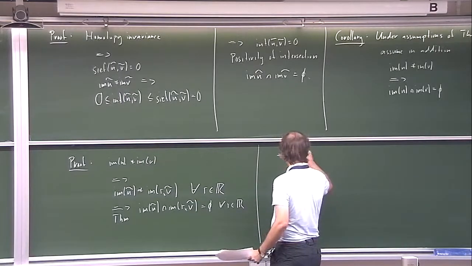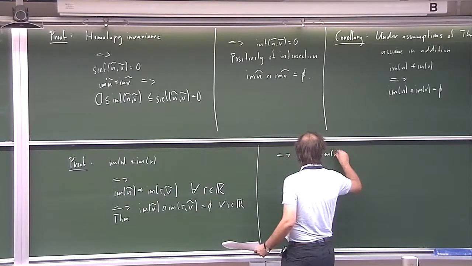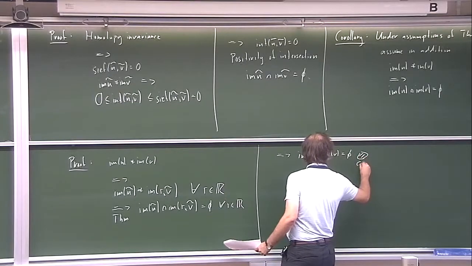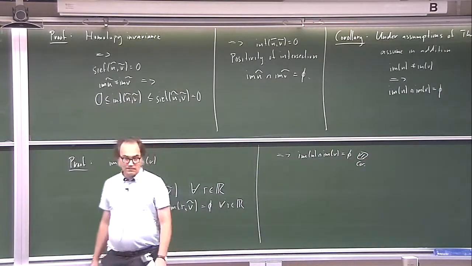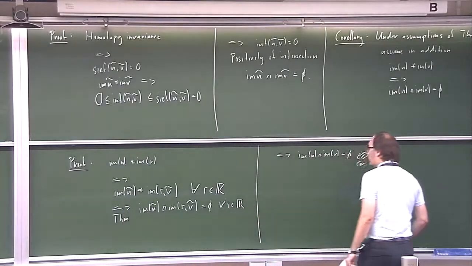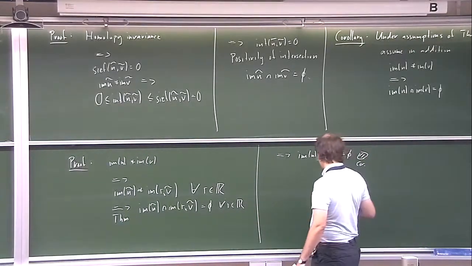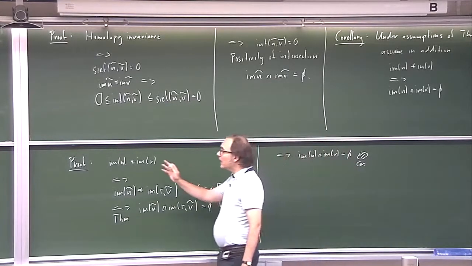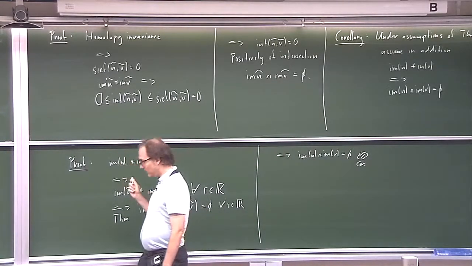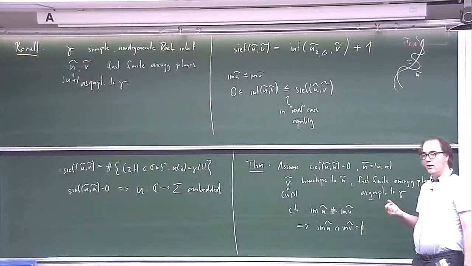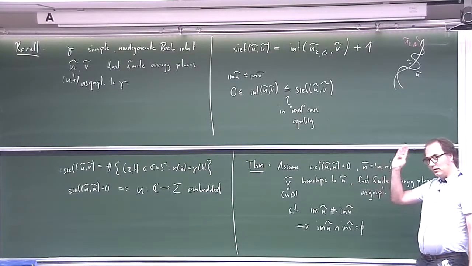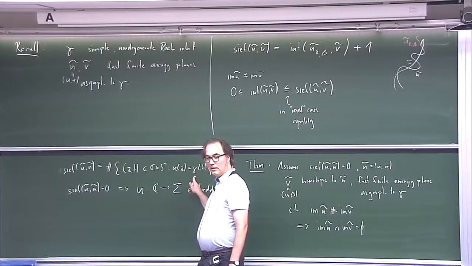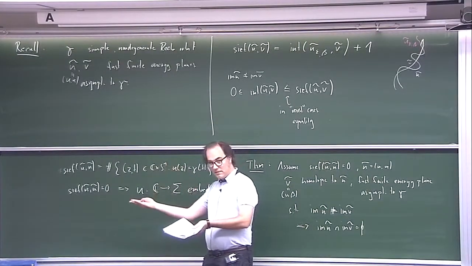So it follows that the images of u and v are disjoint. And so to make a picture, we now get local foliation. As soon as we have a fast finite energy plane of Siefring intersection number 0, they never intersect the asymptotic Reeb orbit, and they're all embedded and disjoint from each other.